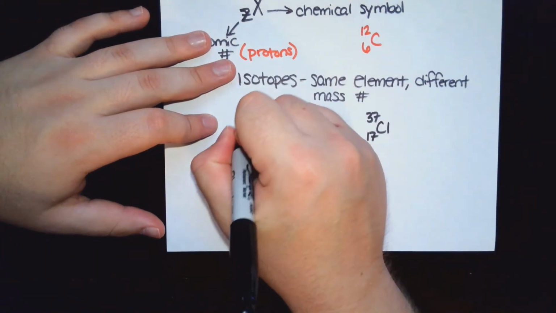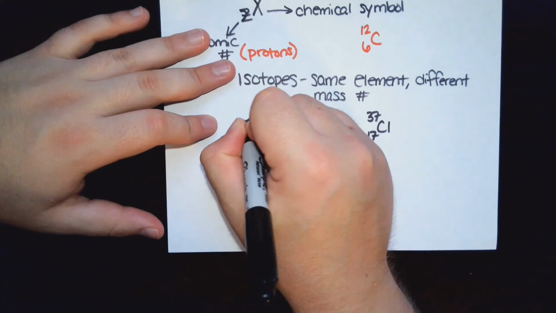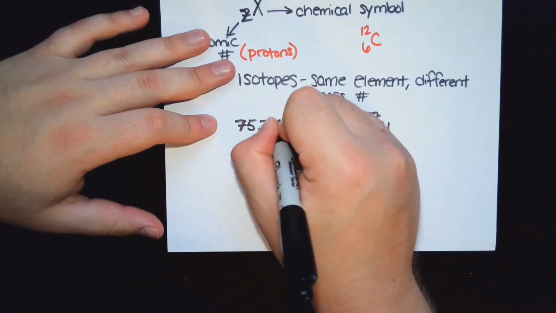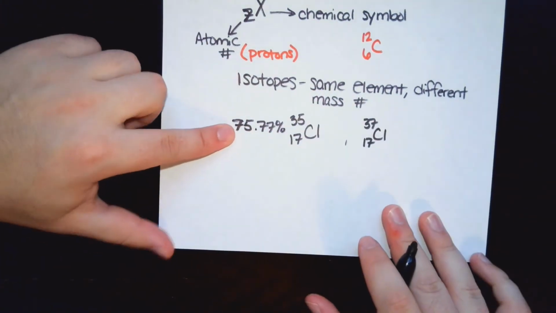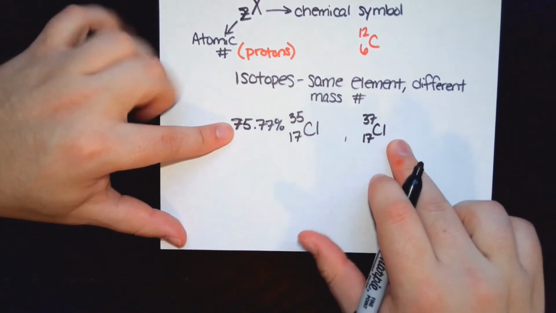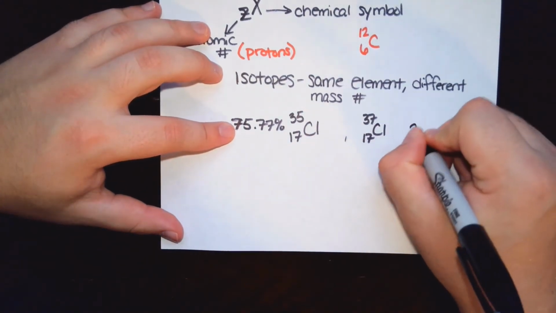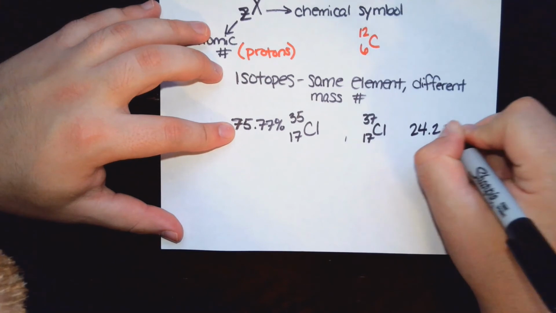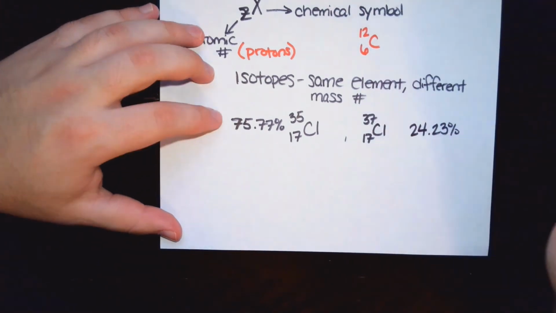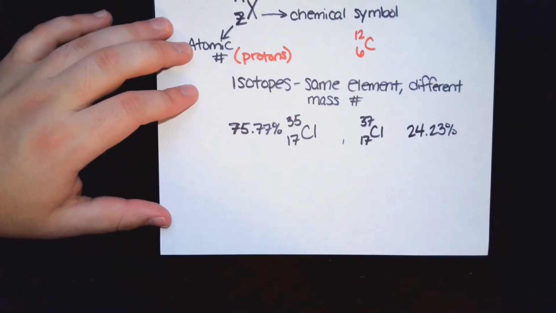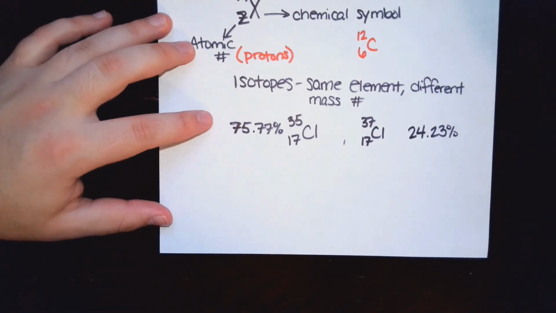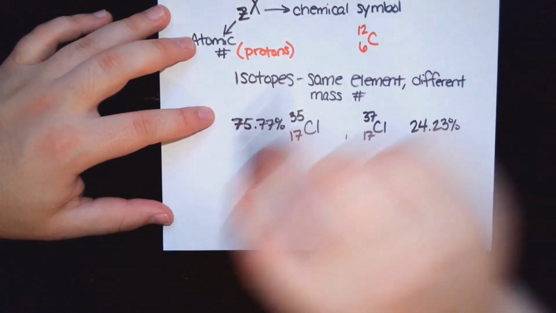So the percent abundance for chlorine 35 is about 75.77%, and the percent abundance for chlorine 37 is about 24.23%.